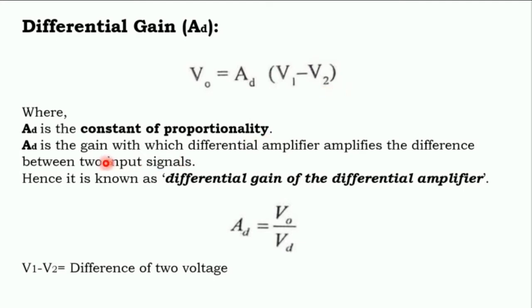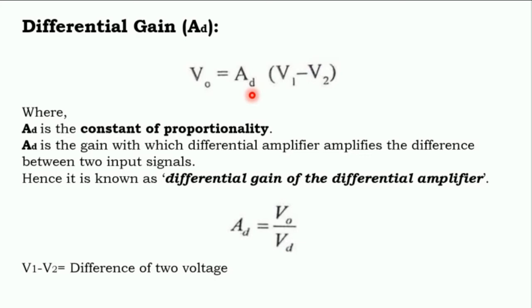What do we mean by AD? Sometimes it is written AVD or AVO. The notations differ between books, but the concept is the same: it is the constant of proportionality. That is the differential gain.